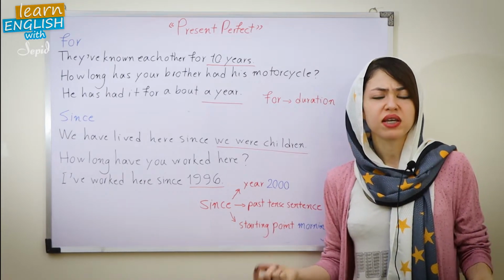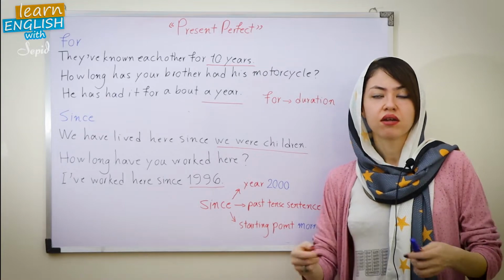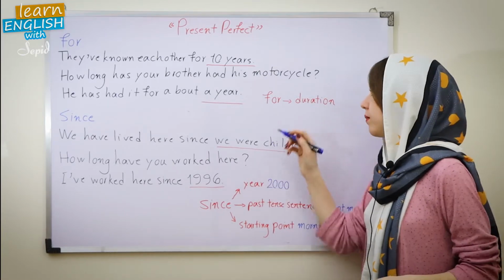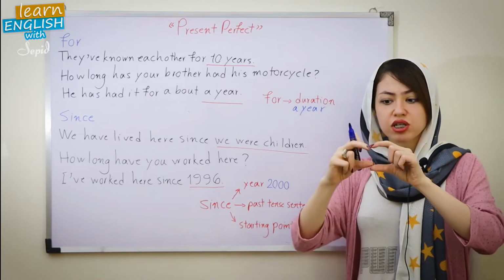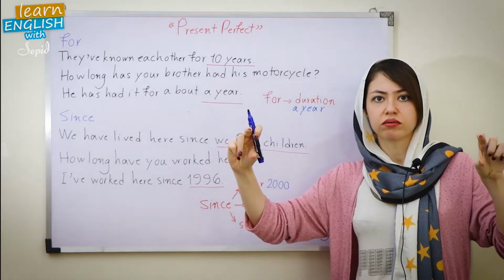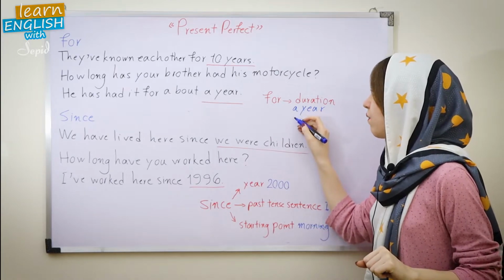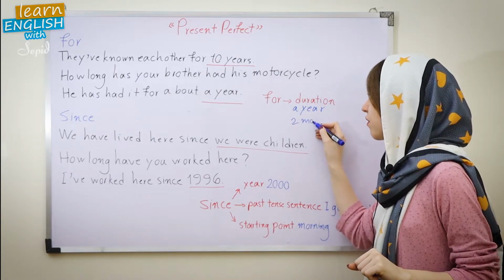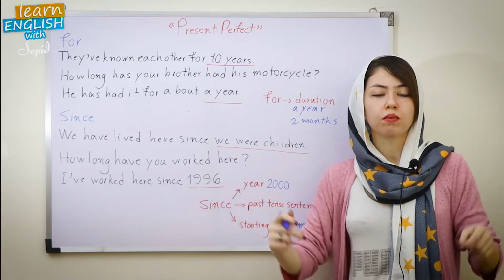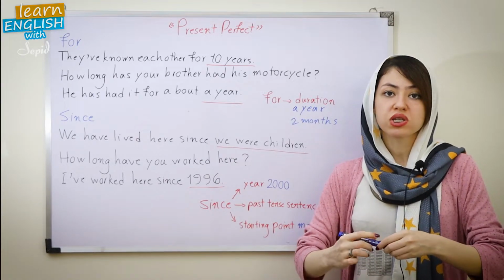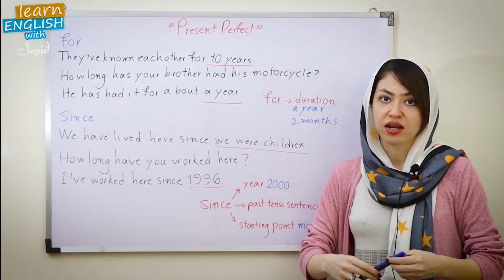So what do I mean by duration? For instance, for a year, okay? It means during 1 year. Or for 2 months, so, during 2 months. This shows the duration of the action.